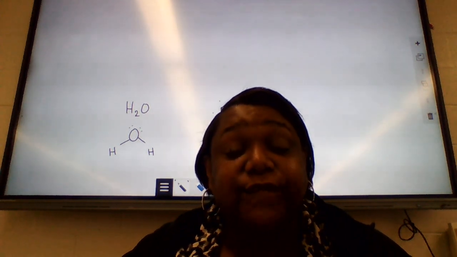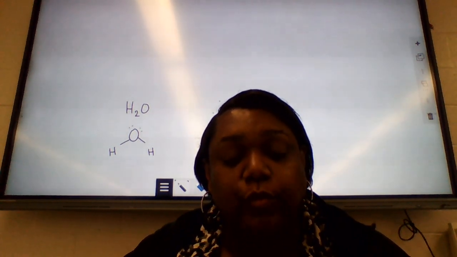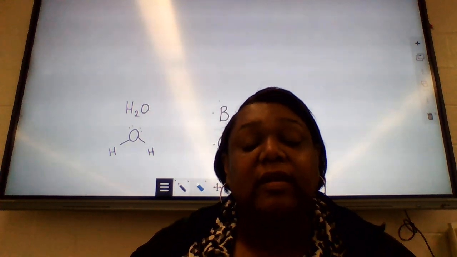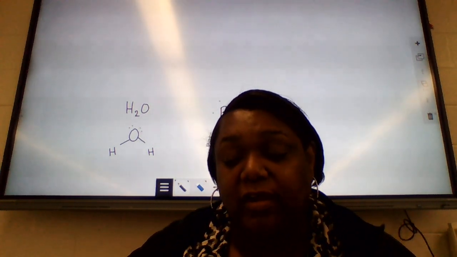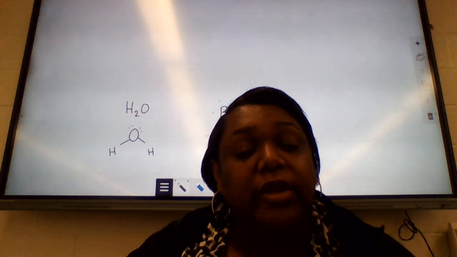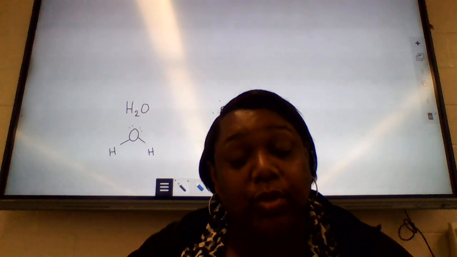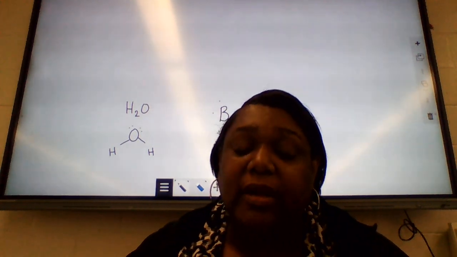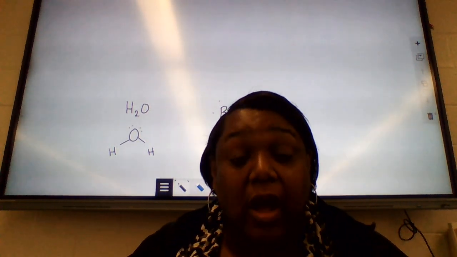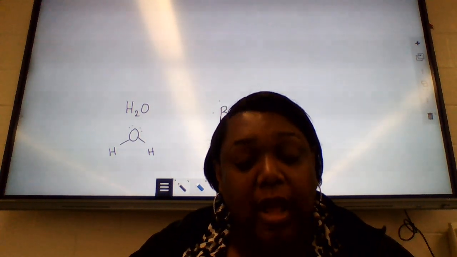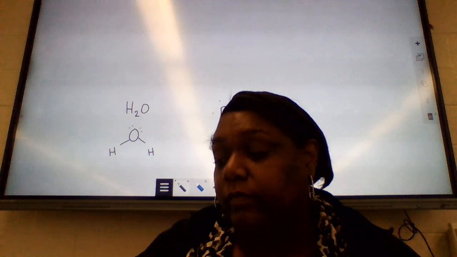When you've got 4 bond pairs around your central atom and no lone pairs, then it's going to take a tetrahedral orientation. And in that tetrahedral orientation, you're going to have bond angles of about 109.5 degrees, because again, that gives all of the electrons as much space as they need to spread out away from one another.